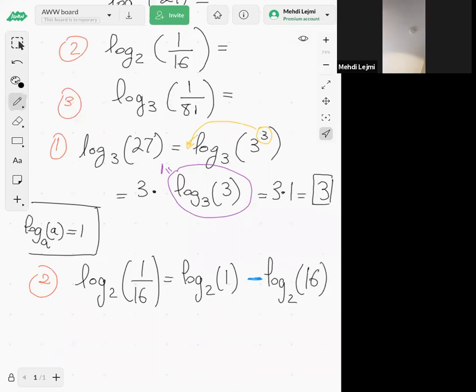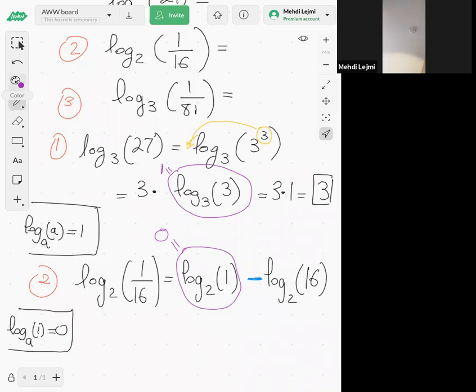Now, the log of 1 is always 0, in any base. It doesn't matter the base, a log of 1 is 0.